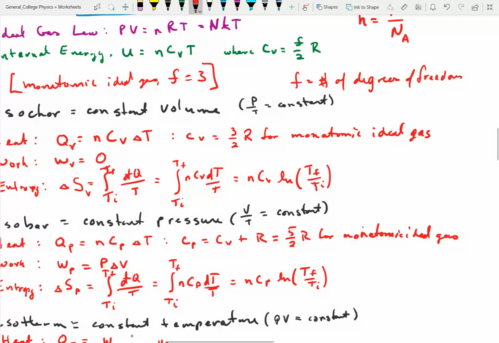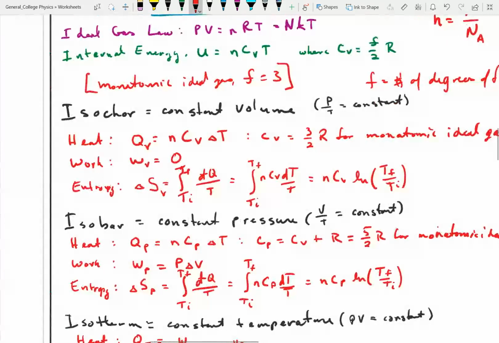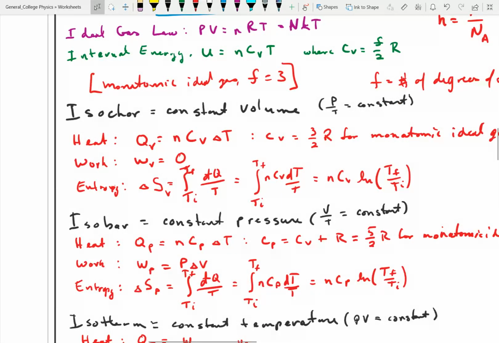So I replaced dq with the same thing I had up there for q, n CV dT. That's just calculus changing delta to d. When you do that integral, you have the integral dT over T times constants, so you have the constants times the natural log of T final over T initial. So we have the equations here for work, change in entropy, heat, and the internal energy is the same for all of them.